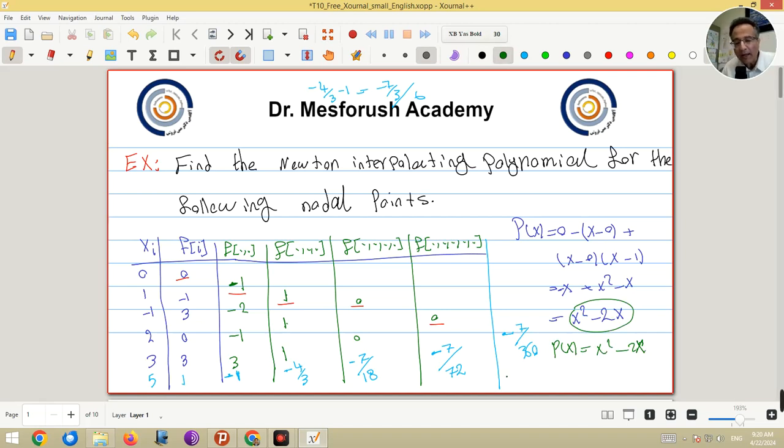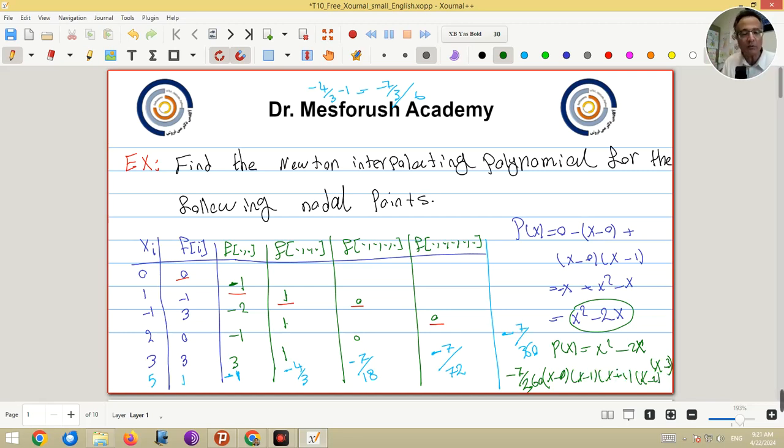And I have to just add this term, minus 7 over 360 times x minus 0 times x minus 1 times x plus 1 times x minus 2 times x minus 3, and it will be a polynomial of degree 5, and it's over.